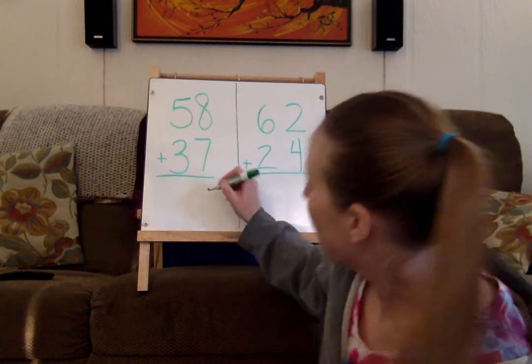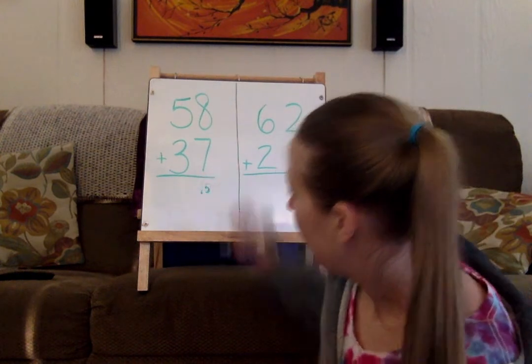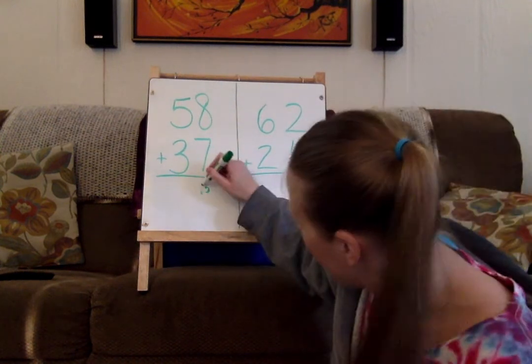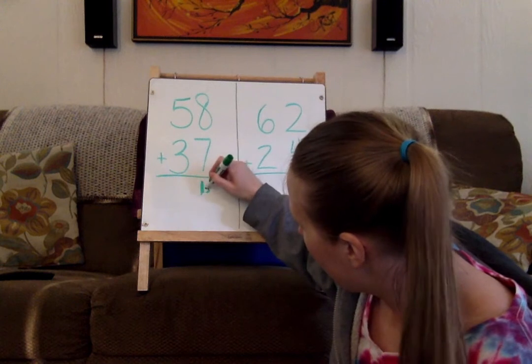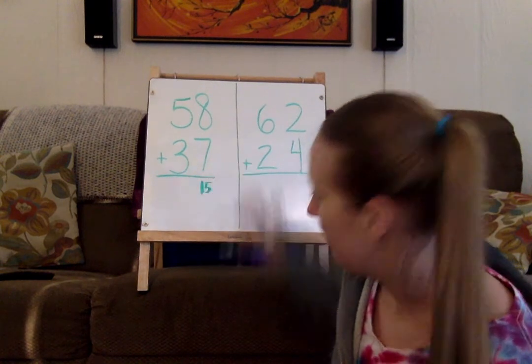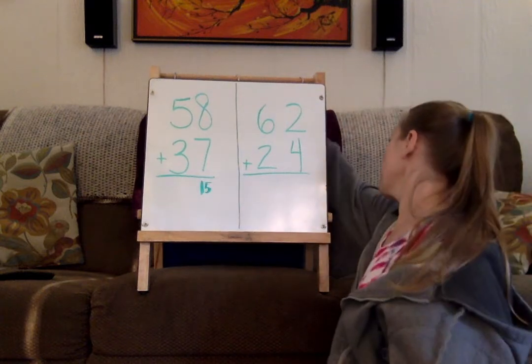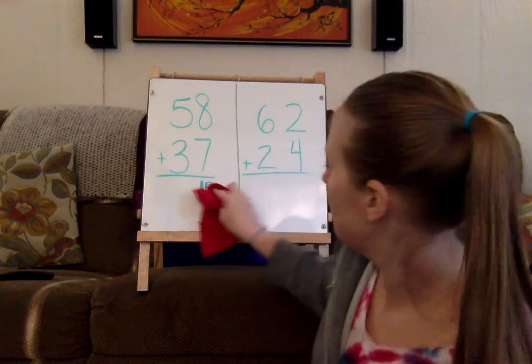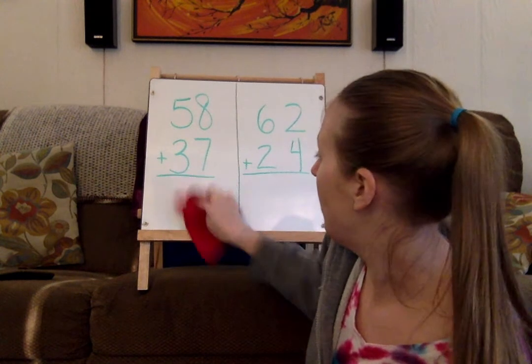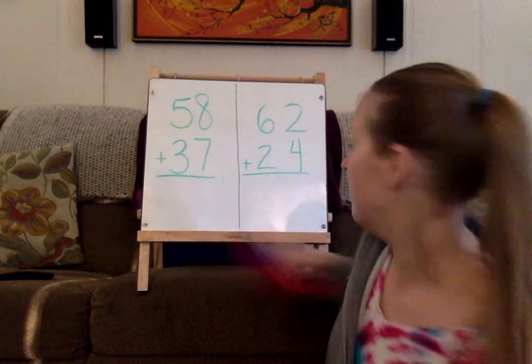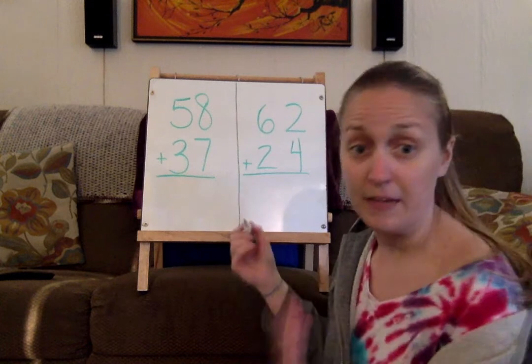So I don't just write 15 right here, because I can't put 15 under my ones. I want to make sure that in my ones spot I put just my ones, which would be the 5 in 15.